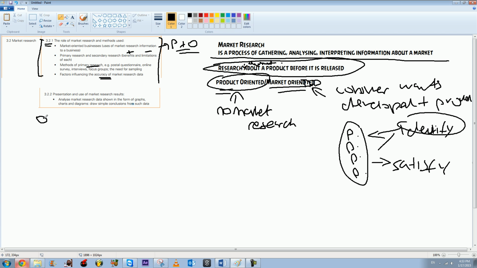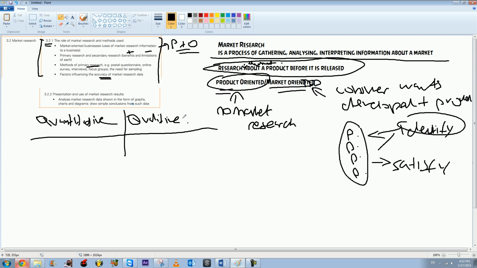So there are two different types of information that we could get. First one is quantitative. Next one is qualitative. You don't need to know the proper definitions for these, but you might need to include them in this bit, the methods of primary research. They normally ask about primary research and less about secondary research, in my experience of doing past papers.